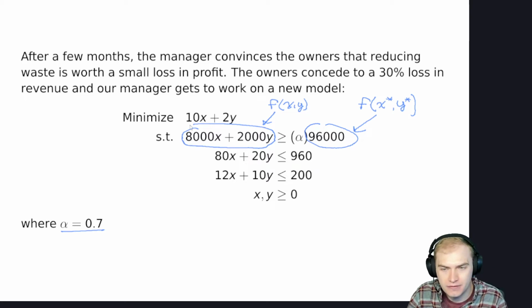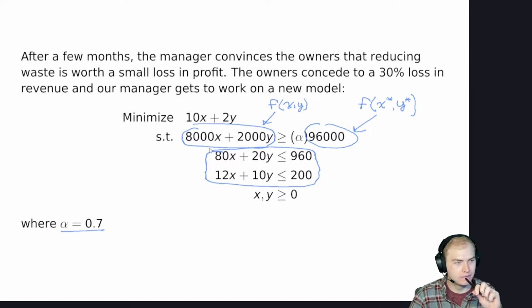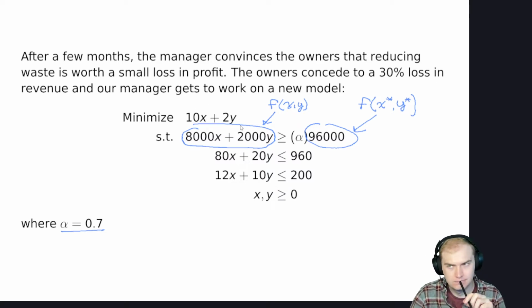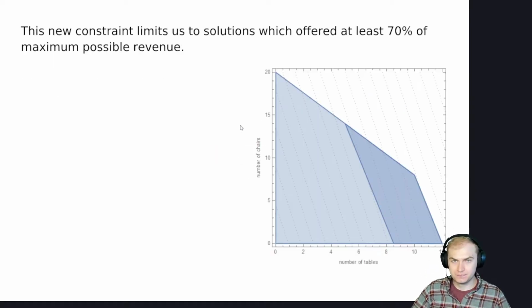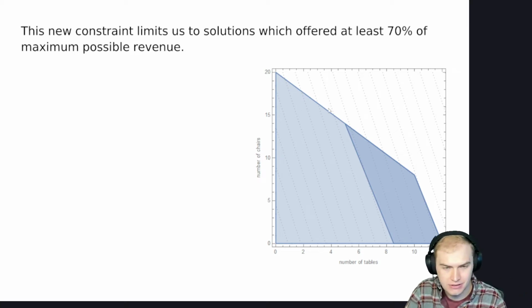And then we just have the same original polyhedron we had for the first initial problem down below, and our waste function in the objective. So this new constraint limits our solution to anything that had at least 70% of the maximum possible revenue. So this is our new feasible region here in the darker shade.